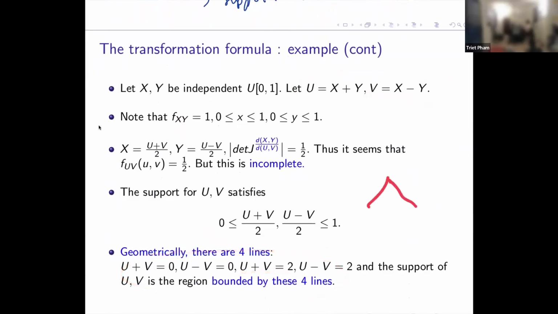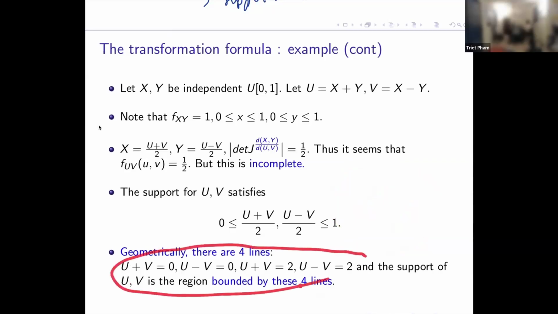So it looks like that, the rotated square that I drew before. Without saying the support here, your answer above will be incorrect, or not complete. Any question about this?